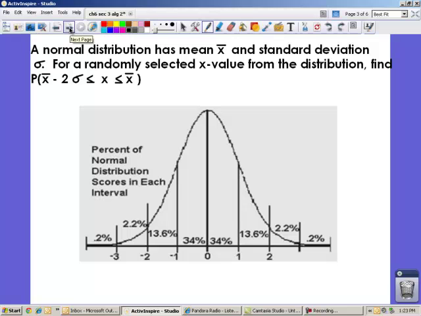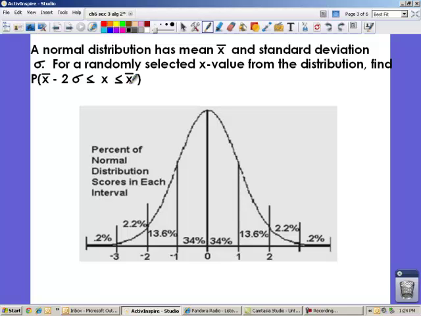A normal distribution has a mean of that x symbol and standard deviation with the symbol. For a randomly selected x value from the distribution, find the probability between the mean minus 2 deviations and then just the mean.